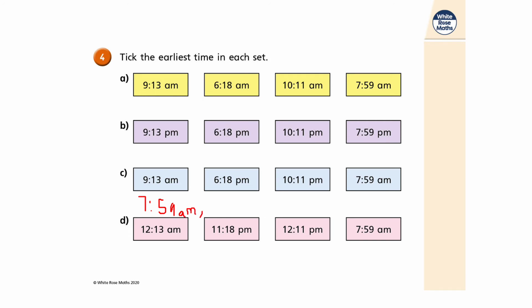And then my next one is going to be 9:13 AM. 9, my colon, 13 AM. Oh, and I'm going to cross those out because I know I've used them. Now I'm looking at the other two, which are PM, which I know comes after AM if I'm starting from the earliest time. So, which one would come first? 6:18 PM or 10:11 PM?